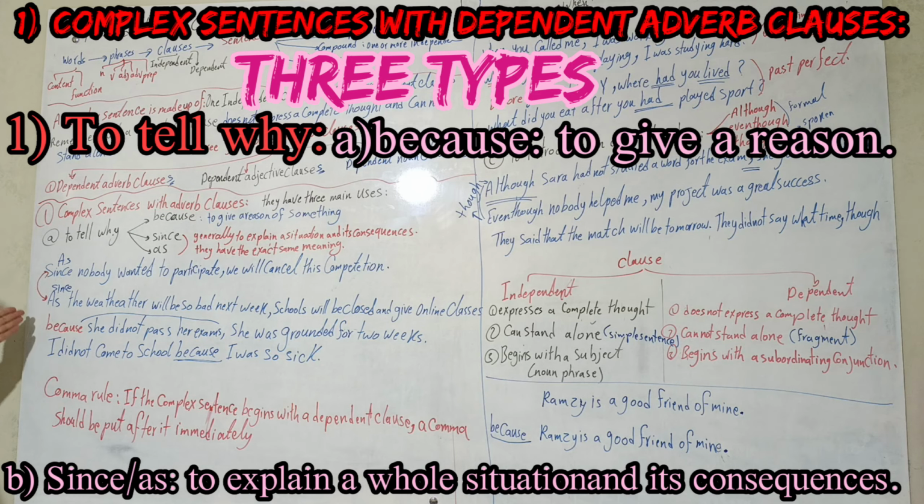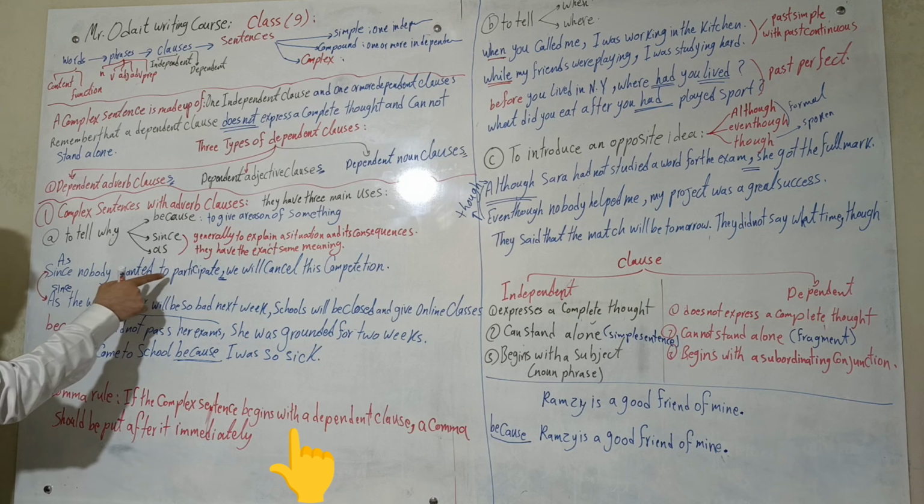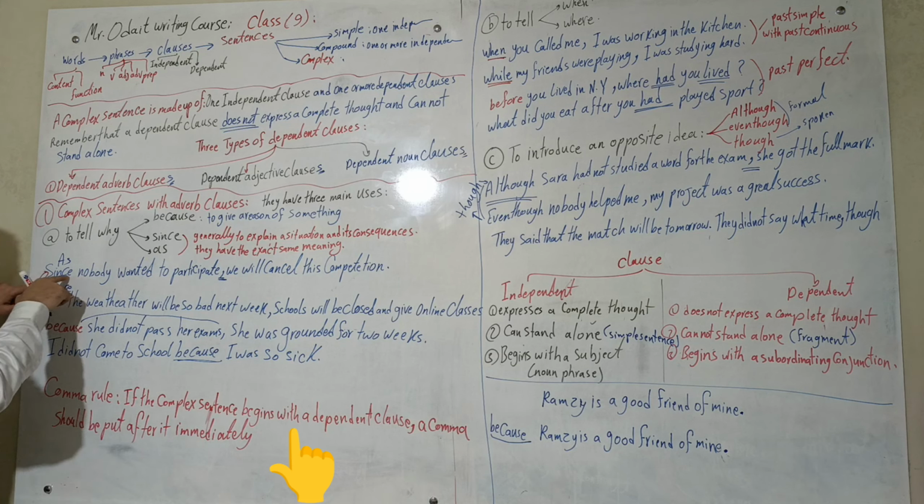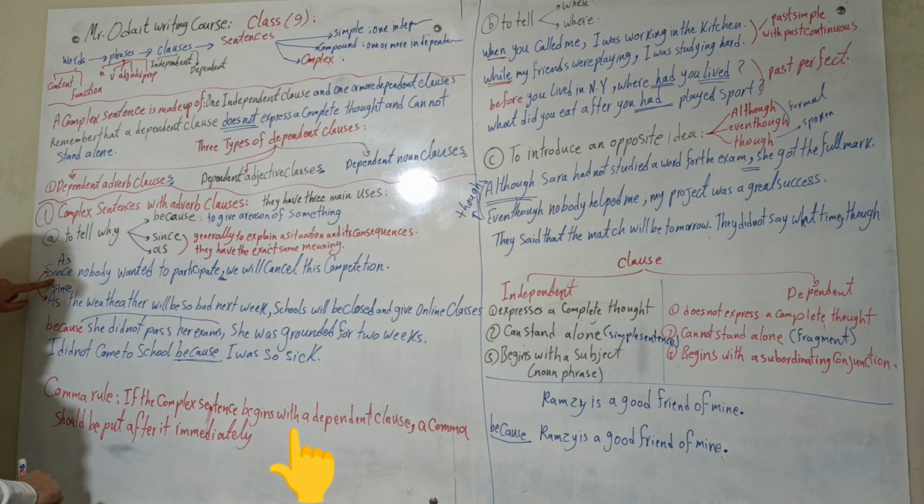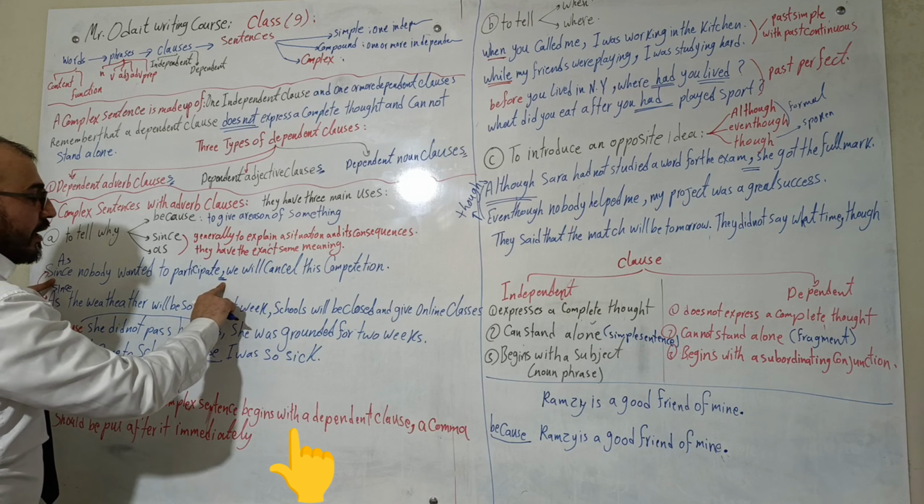Again, my friends, we have a comma rule. The comma rule stipulates that if a complex sentence begins with a dependent clause, a comma should always be put immediately after it. Here, my friends, I say, since nobody wanted to participate, I started with the dependent clause, which is the since clause. I add a comma.